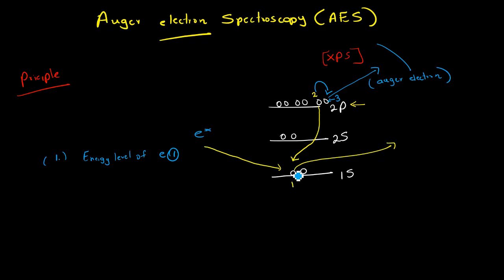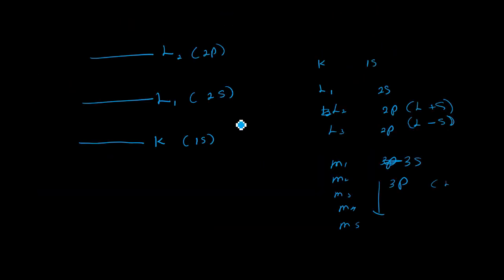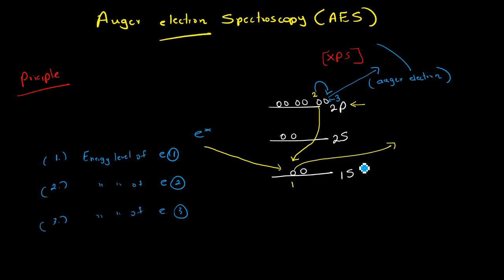Secondly, you have to say the energy level of electron number 2, the electron which comes down to occupy that vacancy. Finally, you say the energy level of electron number 3. In this case 1s means K, 2s means L1, and 2p means L2. It can be L2 or L3.